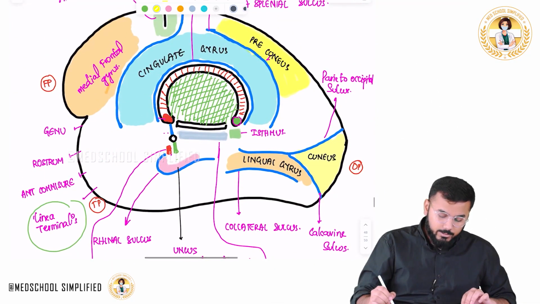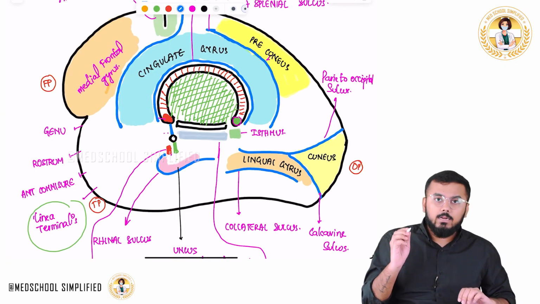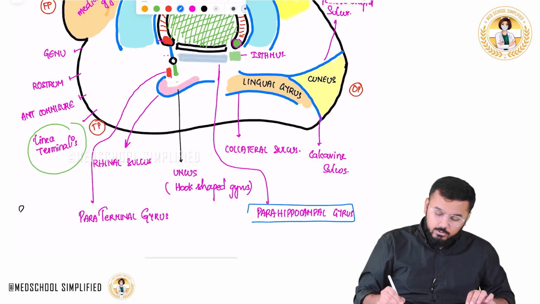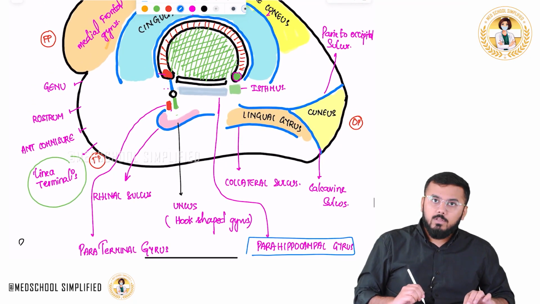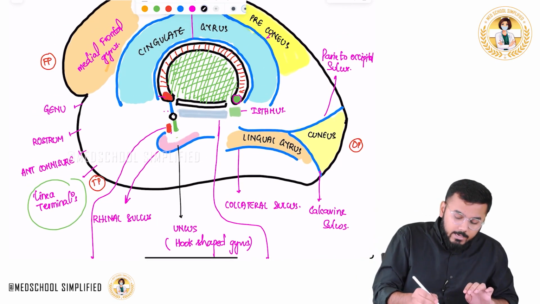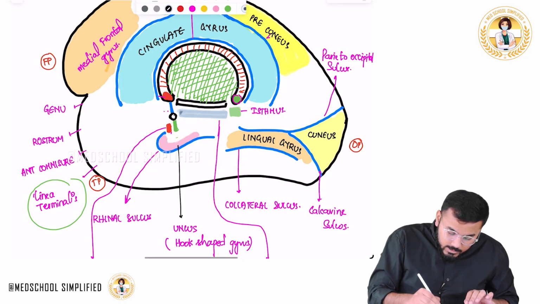Let us go back to the picture. First, this structure over here is your parahippocampal gyrus. Now it was written that the anterior part of the parahippocampal gyrus, see this part which I am highlighting right now.